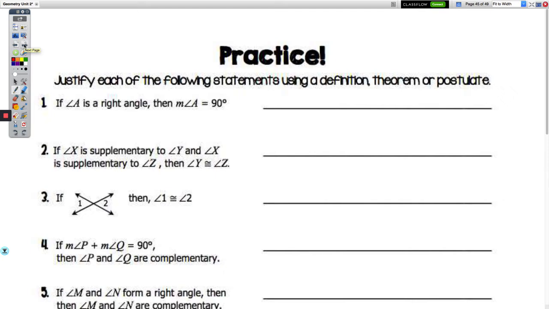Number 1 on the practice. If angle A is a right angle, then the measure of angle A equals 90 degrees. What tells us this? The definition of a right angle.